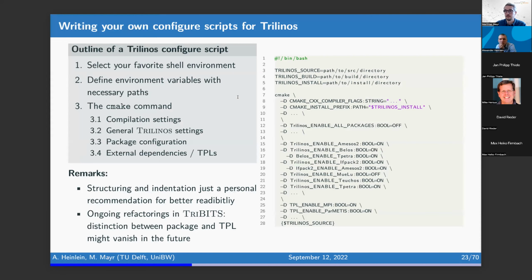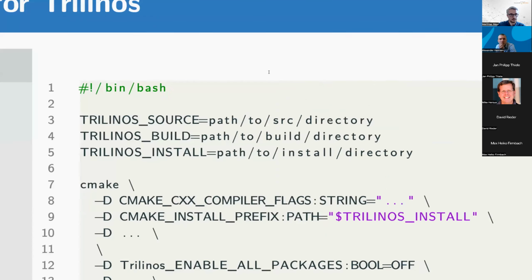So if you now want to write your own configure script for Trilinos, and that's what we're going to do in a couple of minutes, then I found the following outline of a Trilinos configure script very helpful. So we basically go through these steps here on the left.